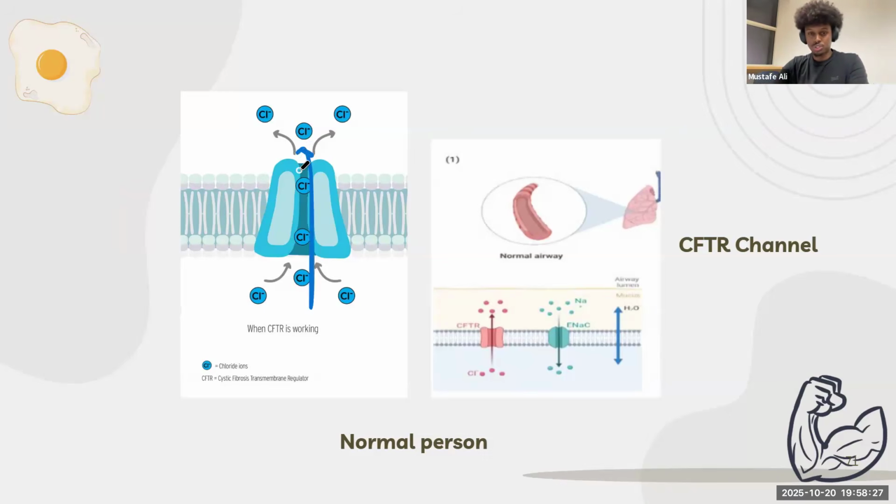And this will hydrate the mucus that is present on top of the cell or outside of the cell. It makes sure it's thin, tidy, and not sticky. That's all it does, right? So it releases chloride to make the mucus outside of the cell more thin and less sticky, okay? This is a normal person, and this is what the CFTR protein does.